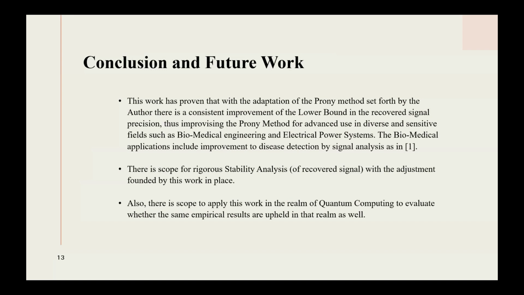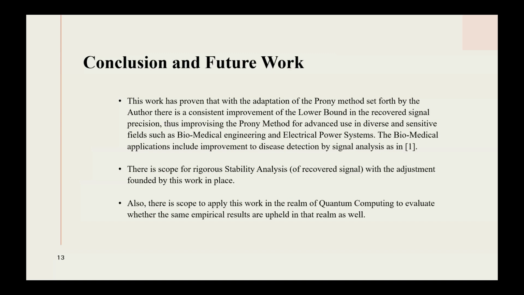This work has proven that with the adaptation of the Prony method set forth by the author, there is a consistent improvement of the lower bound in the recovered signal precision, thus improving the Prony method for advanced use in diverse and sensitive fields such as medical engineering and electrical power systems.